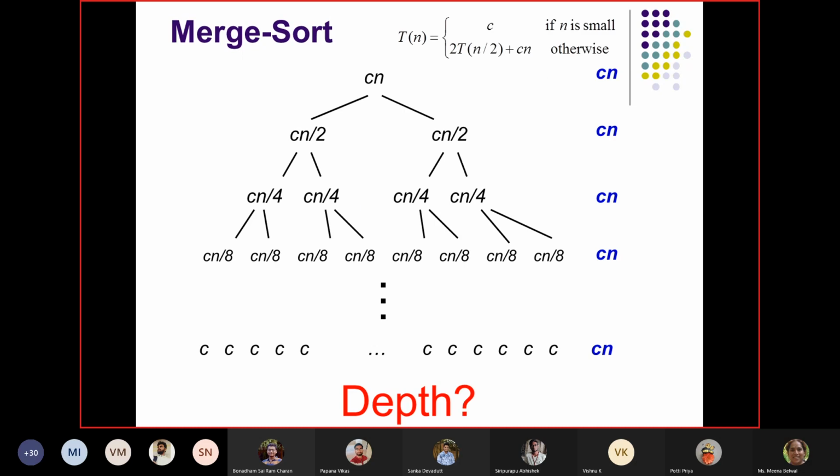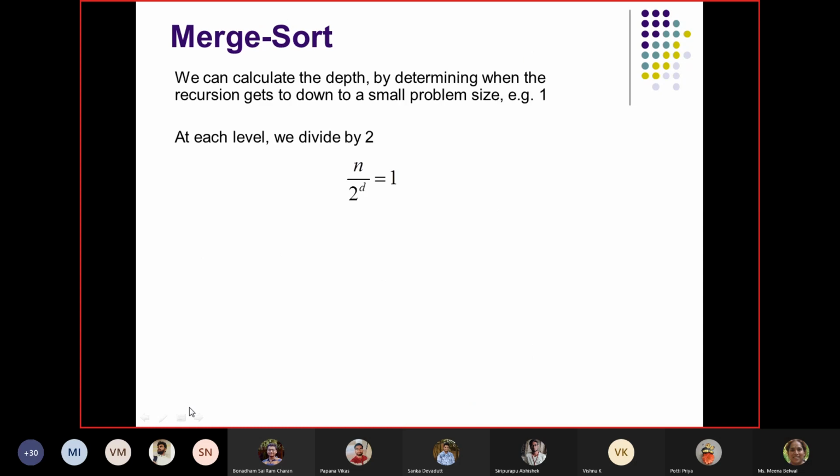That is what we are doing every time. Here I have n divided by 2 to the power of 1, depth is 1; then 2 to the power of 2, depth is 2; then 2 to the power of 3, right? So if I am saying the depth is D, then we go till the level 2 to the power of D. And n divided by 2 to the power of D is going to be 1, because we will not divide further, right?